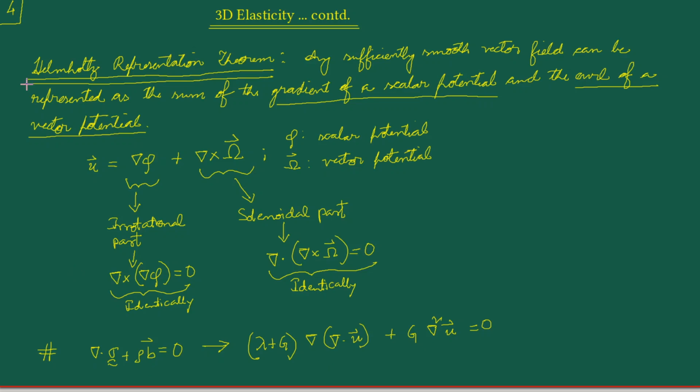This rho b is missing, so I'll have to make a correction for that. Sorry about that. So rho b is equal to 0. I'm going to use this equation. I'll directly take it from here.